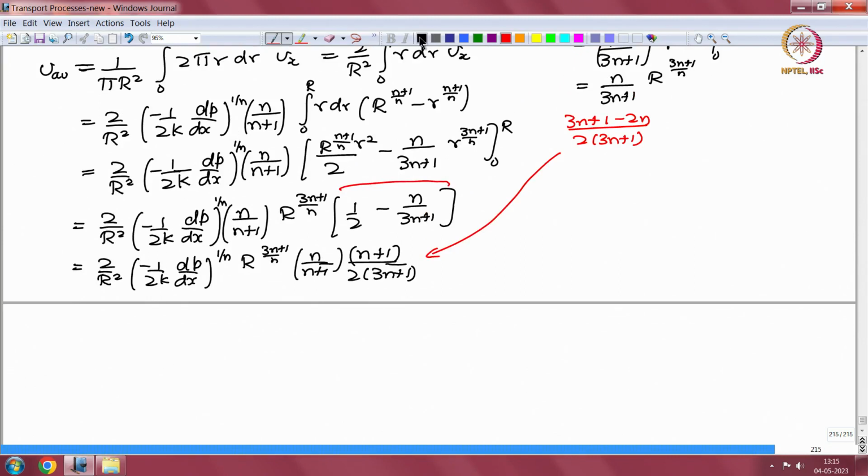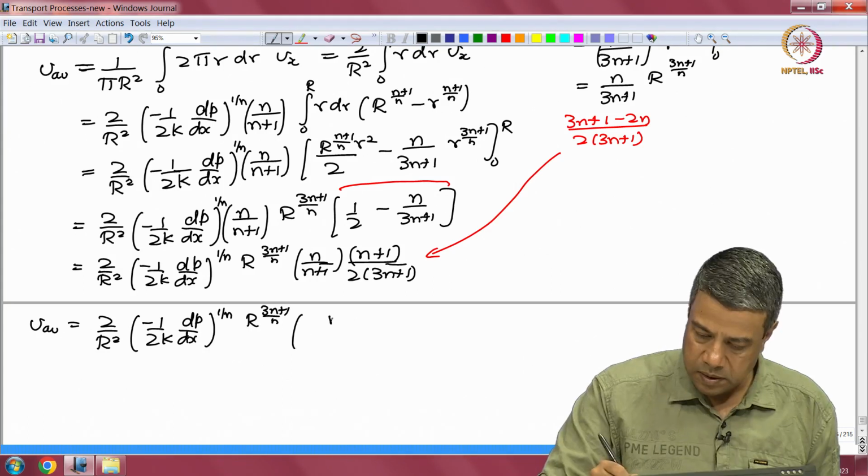So, the final expression I will get for the average velocity is V AV is equal to 2 by r square into n by 2 into 3n plus 1.